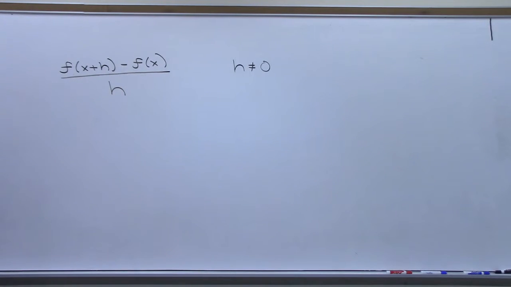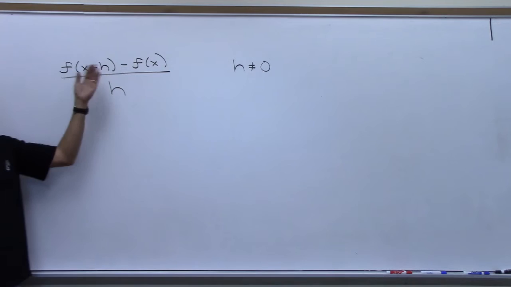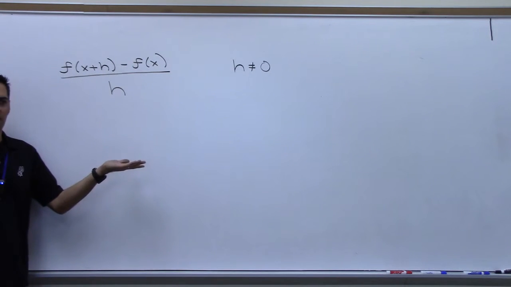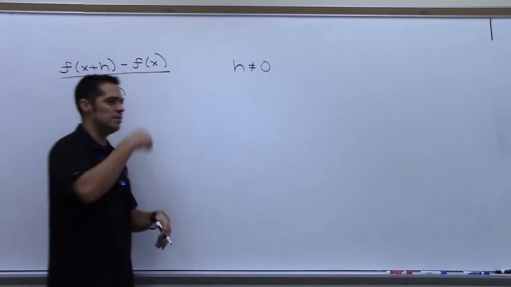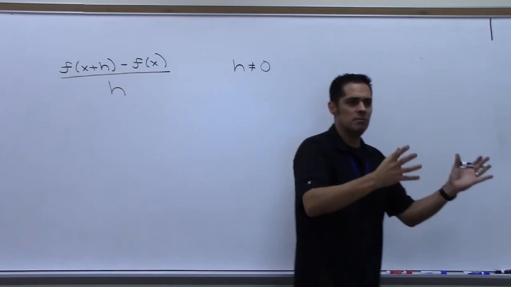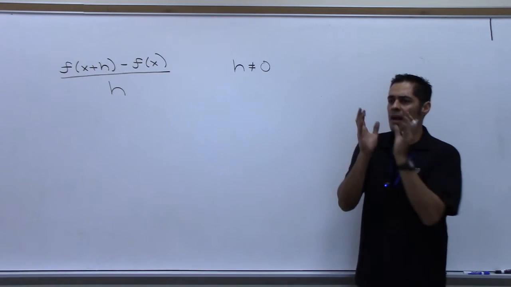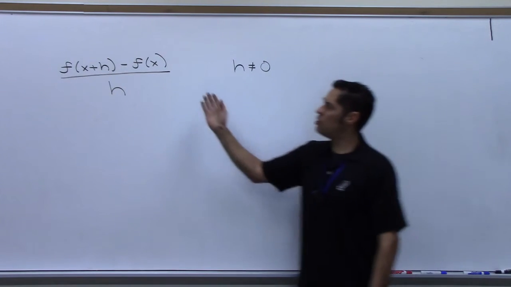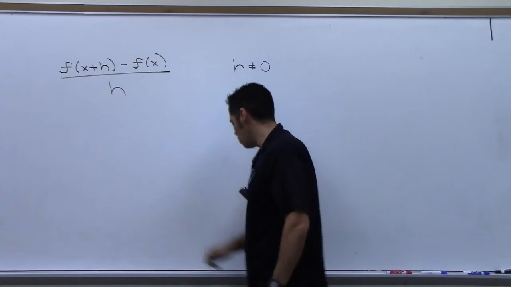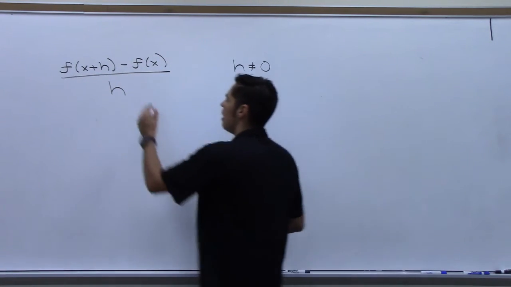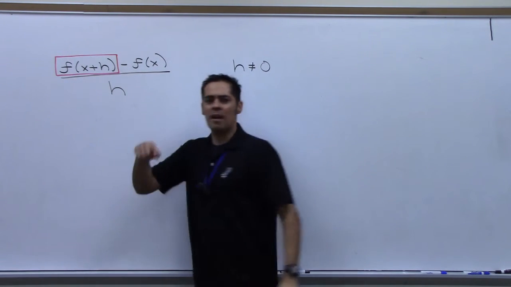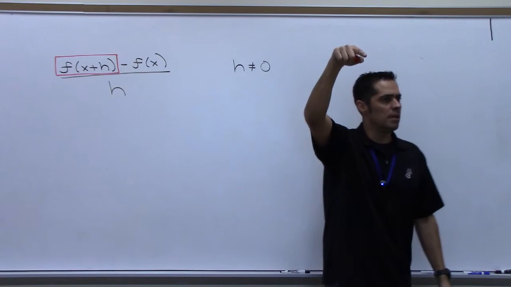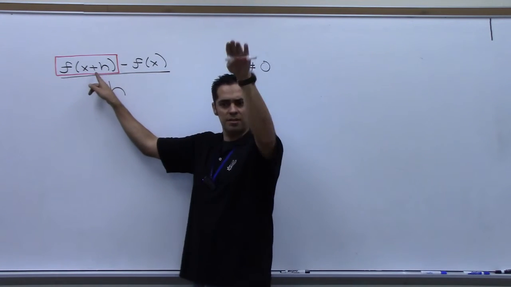And then it's assuming that there's some function out there, right? So if somebody gives you a function, f of x is x squared, f of x is whatever they want to give you, if I hand you a function, you should be able to compute this. Do you recognize that the top left corner of this is part of the problem we did earlier? It's plugging x plus h into some function.